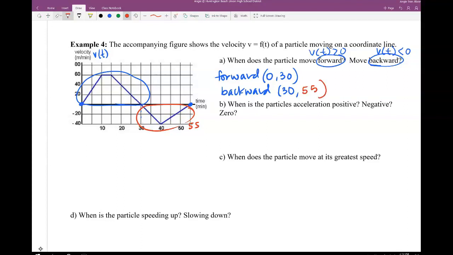When is the particle's acceleration positive? And when is it negative? And when is it 0? Okay, so let's talk about, if you remember, how do I know if the acceleration is positive?